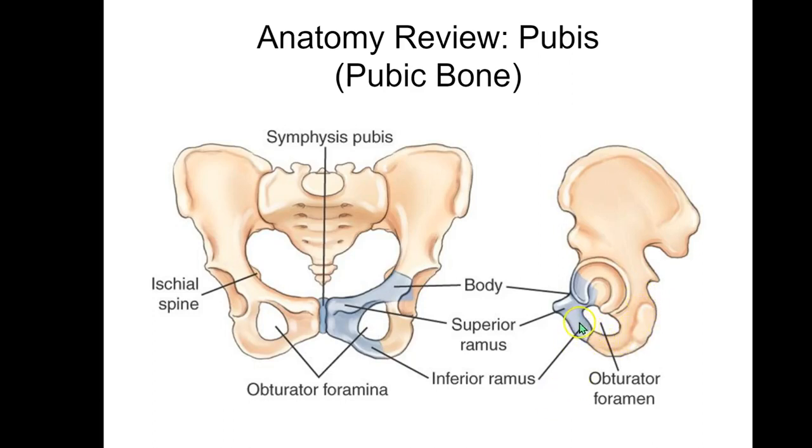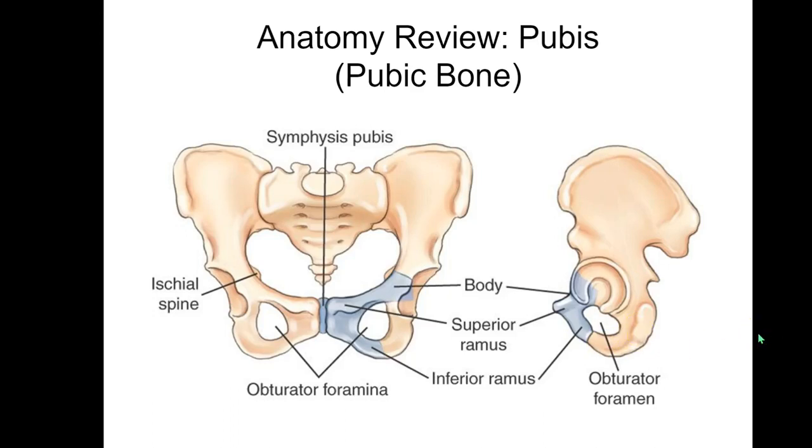So the inferior ramus of the pubis meets with the ramus of the ischium. My arrow here is pointing to the ramus of the ischium. Now this line is not easily differentiated on a model, but just know that kind of the more anterior part is pubic bone, the more posterior part is ischium.